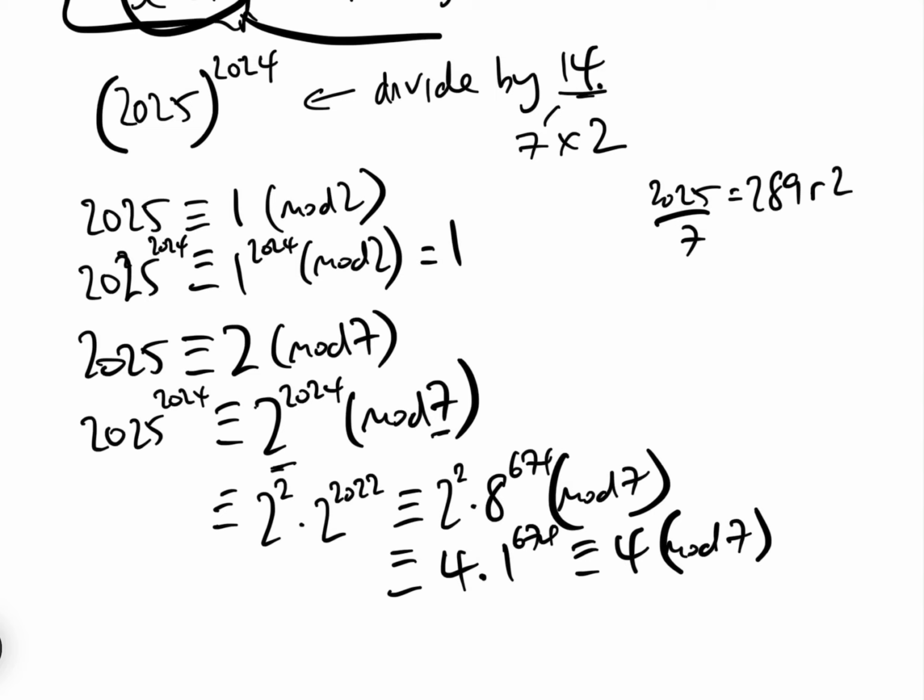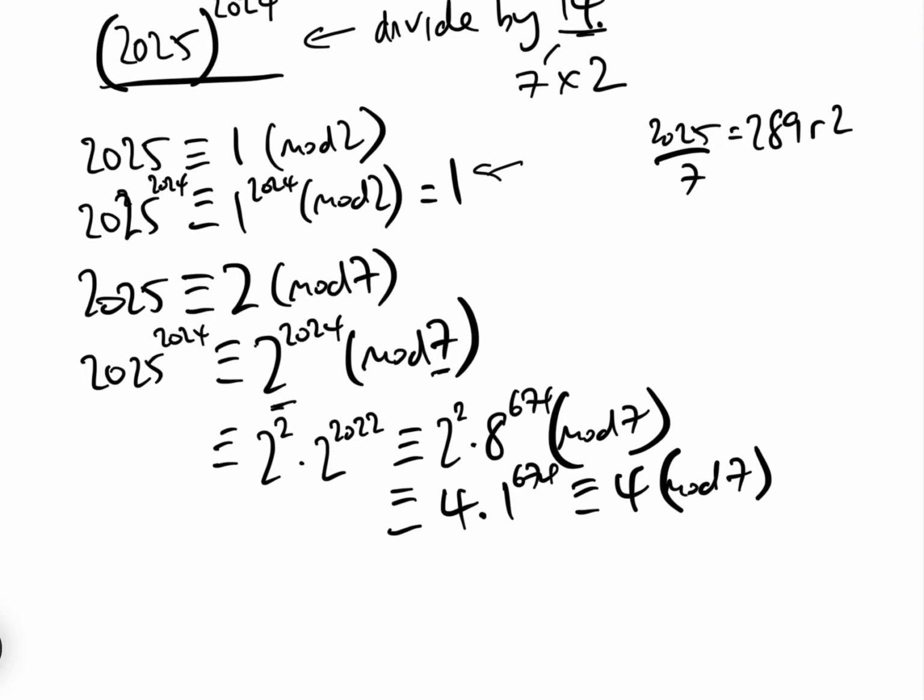Okay, so we know that 2025 to the 2024 mod 2 is 1, and we know that 2025 to the 2024 mod 7 is 4, and we can use the little trick that we used in the previous video.